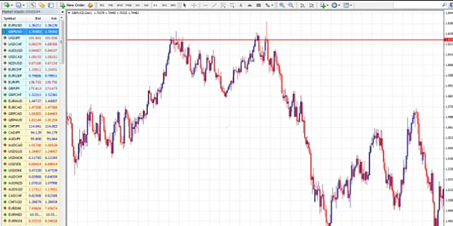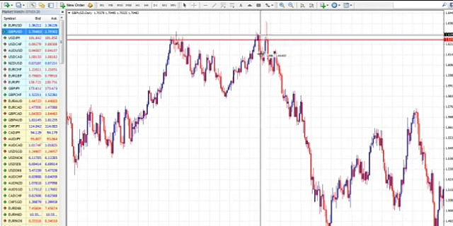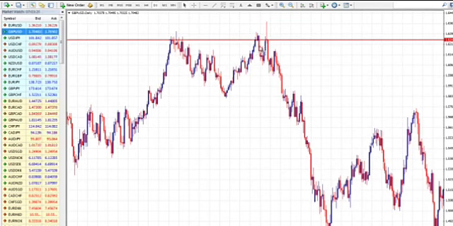You can see that we went all the way up here, and this candle closed above our level of resistance, but did not take this high. And then just after this candle, we have a huge 140 pip candle to the downside. Okay, this is what we call a fake out.